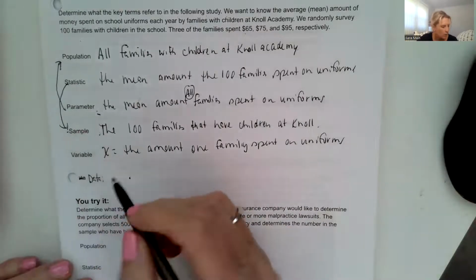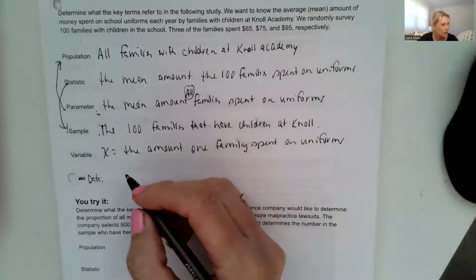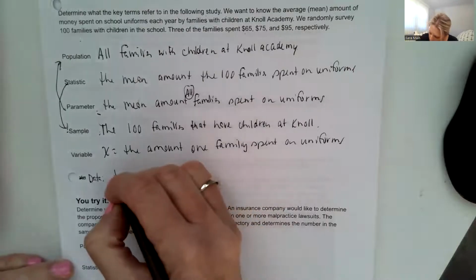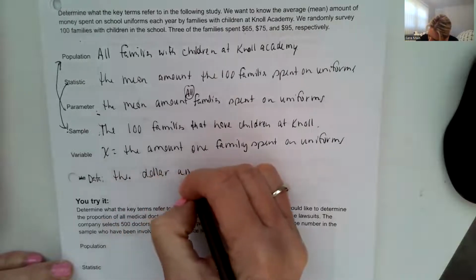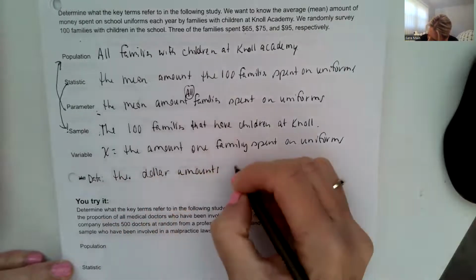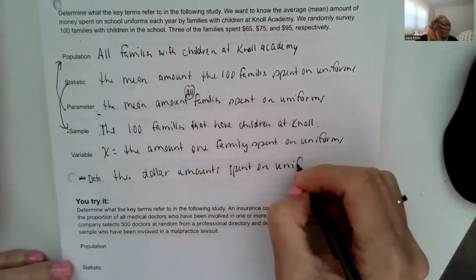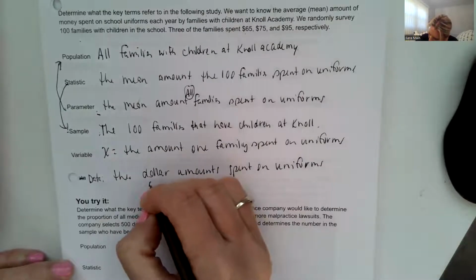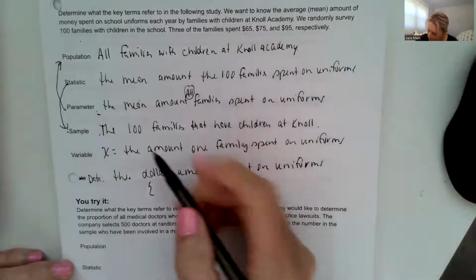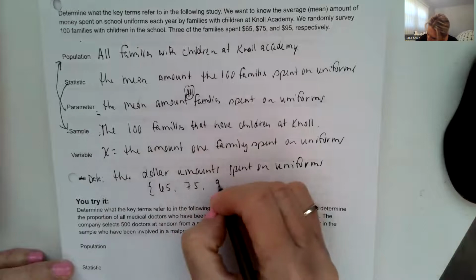And then the data would be the example that we have here of the three pieces: the dollar amounts spent on uniforms. And so the data that we have so far is 65, 75, and 95.